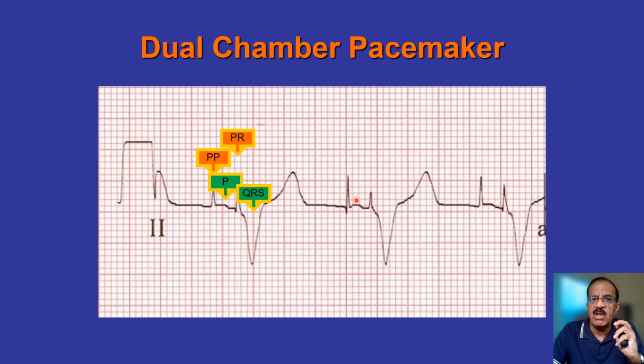Sorry, this is actually more likely, not in the atrium. There is just one electrode in the ventricle and that stimulates ventricular depolarization. So we just forget the atria. The atrial contribution to cardiac output will then not be there. So these are old-fashioned. I understand all modern pacemakers are dual chamber.